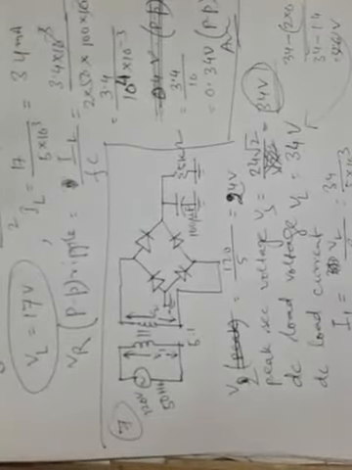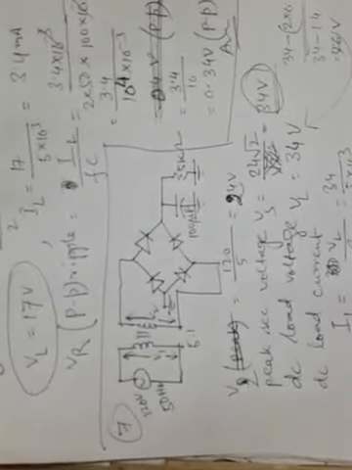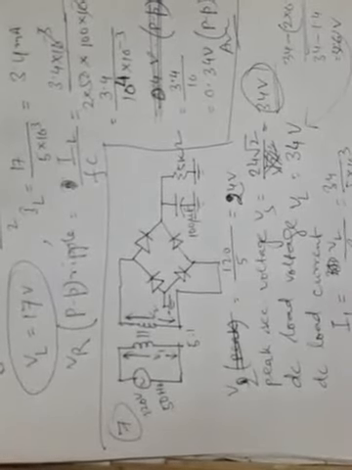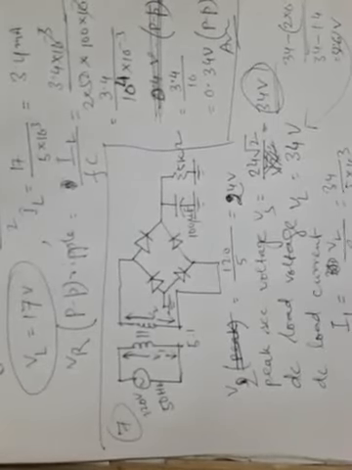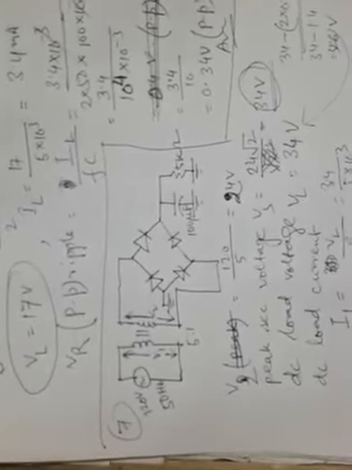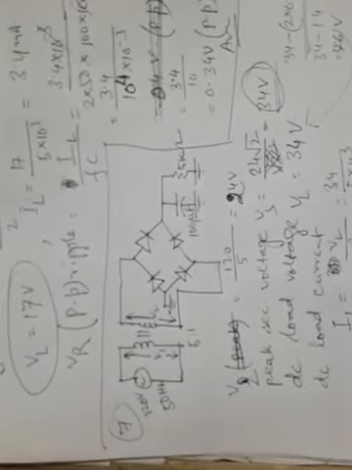So this is 6.8 into 10 cube divided by 5 into 10 cube. So it is something like 6.8 divided by 5, and what should the value be?